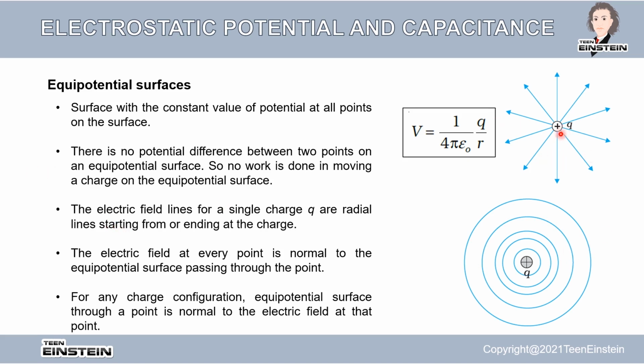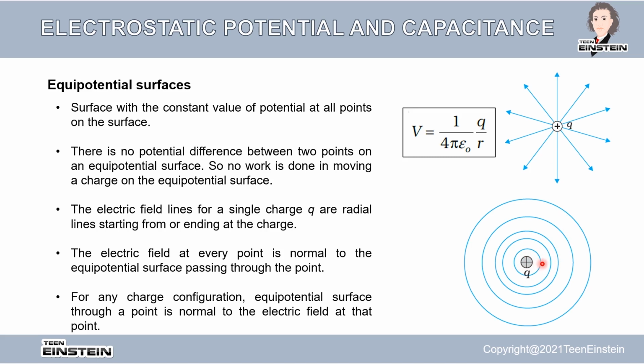Now we have drawn the electric fields here, and we have also drawn the equipotential surfaces for the same charge. If you merge this with this, you will understand this. The field lines are always outward normal to the equipotential surfaces.